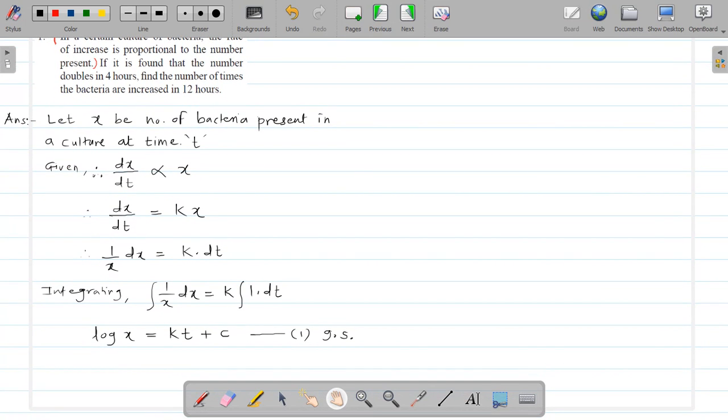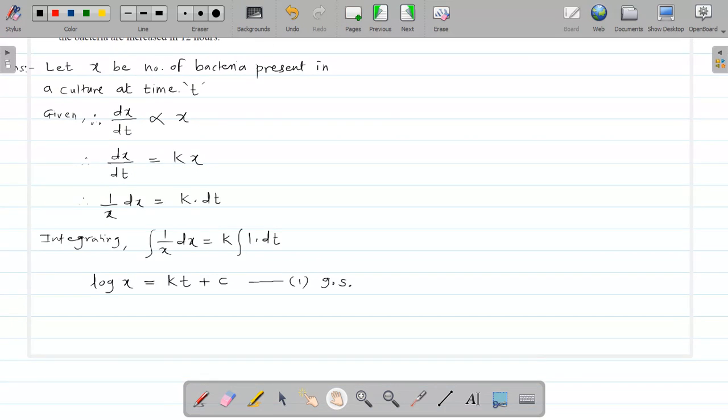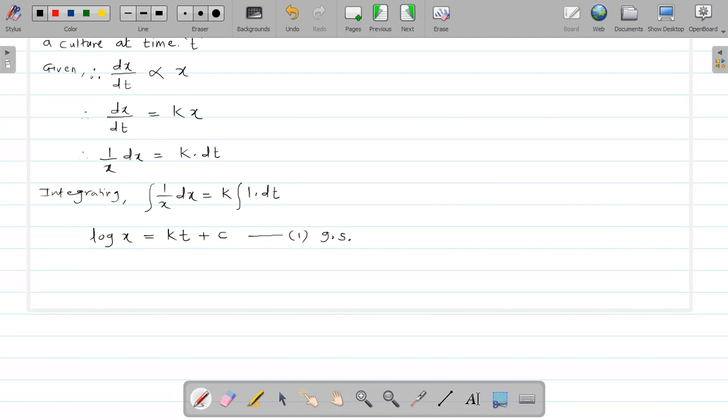If it is not given to you, because it is here given that the number doubles in 4 hours, this is given to you, but doubles of what, that you have to consider. So always remember, here the main step is what, you must know the initial condition. Initial condition is important. Okay, so this is the main part of the any question of this type, remember.